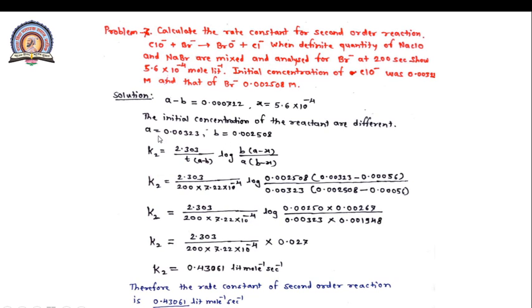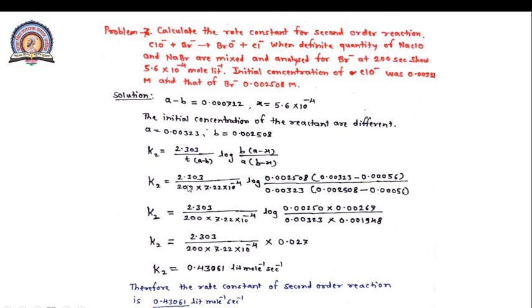Now these are the initial values of A and B. Then the formula used for this example is K2 is equal to 2.303 divided by T into A minus B into log of B into A minus X divided by A into B minus X. This is the formula for a second order reaction with unequal initial concentrations, where the initial concentrations A and B are different, that is, unequal.